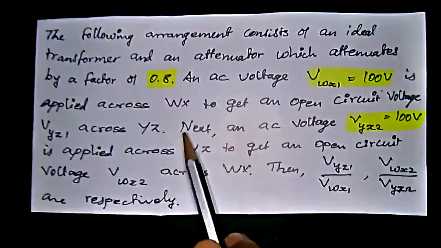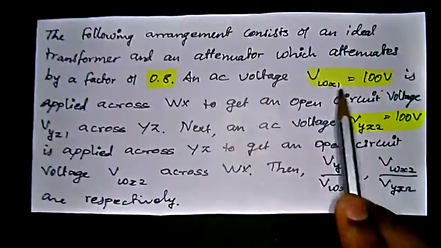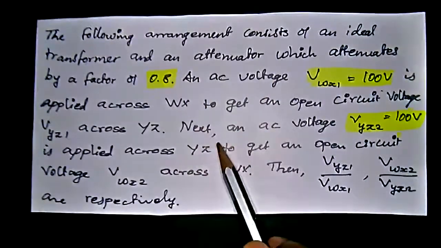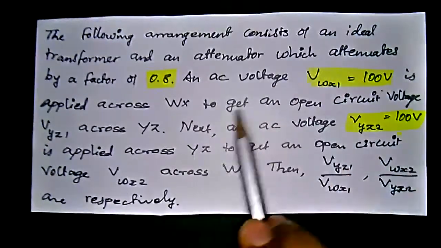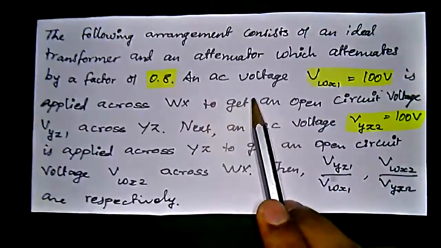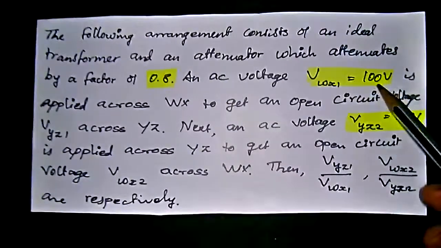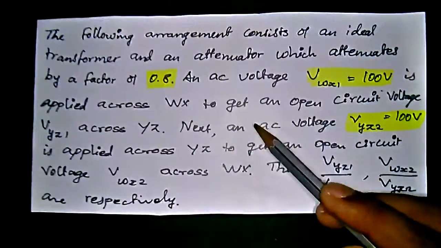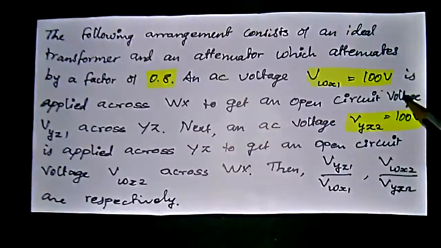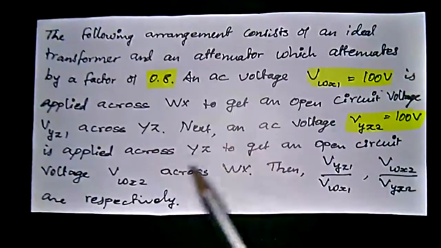For the ideal transformer, there is an attenuator which attenuates by a factor of 0.8. An AC voltage Vwx1 equal to 100 volt is applied across WX to get an open circuit voltage Vyz1 across YZ.